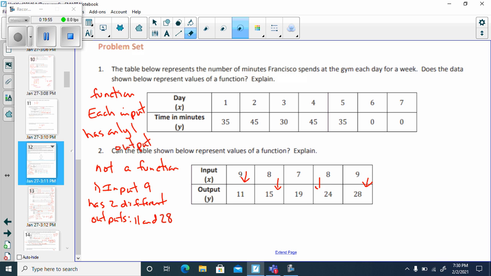And also input 8 has two different outputs. What would those be? Okay, 15 and 24. So this definitely can't be a function. In fact, it's got 2 points that wouldn't work.